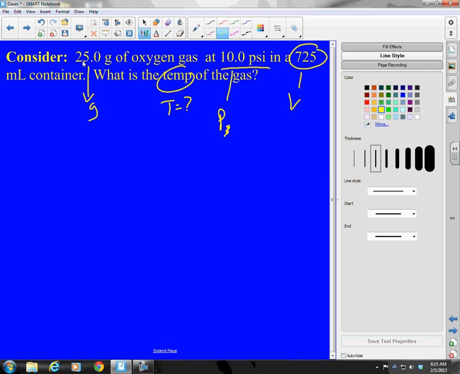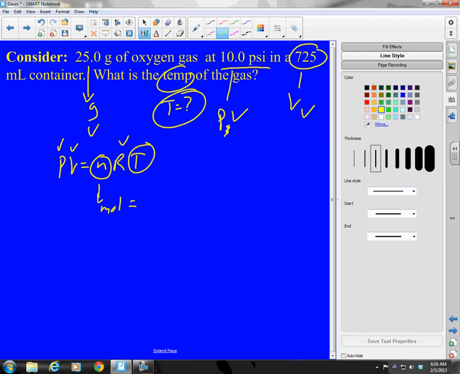So I have grams, pressure, volume, and we want to know temperature. Well, how can I do this? I know I have PV equals nRT, and I have P and I have V. I want to get T. I know what R is, but how do I get n? What is n? Oh, n is moles. And moles are equal to what? Grams divided by molar mass. Oh, okay, so I can work this.